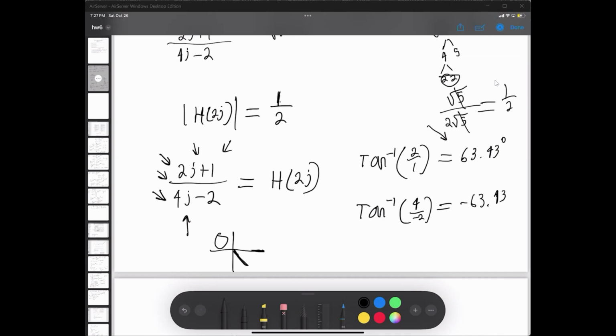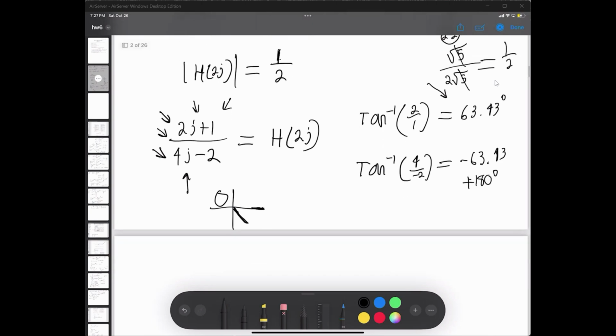So we need to rotate this by adding 180 degrees to get it to its rightful spot. That's going to put it at 116.56.